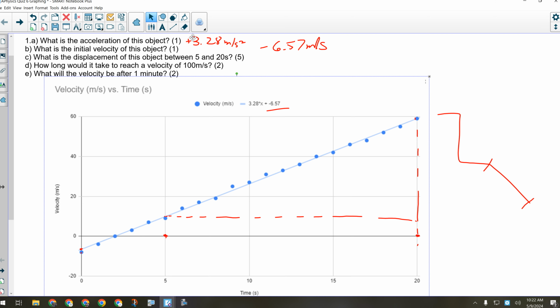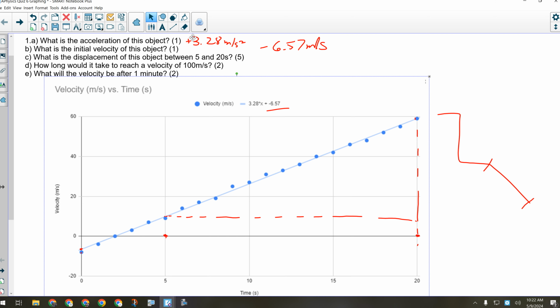The rectangle represents how far the object would travel if it just traveled at a constant velocity. That I have to include. I also have to include how far it travels while it's changing its velocity. That's the triangle above. When we calculate those areas, we're taking the average velocity and multiplying it by time. It just happens to work out that we can go base times height, and base times height divided by 2.